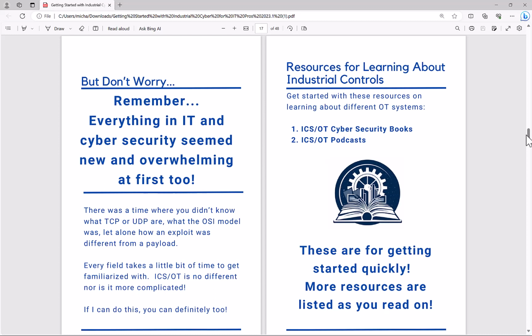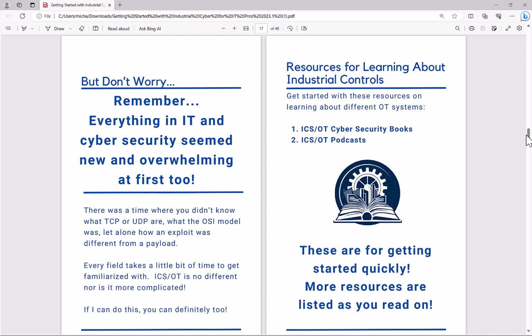Just remember, coming from an IT cybersecurity background, you have a huge foundation to come into these environments, but keep an open mind, especially if you don't know anything about that environment or how it's engineered or designed or how it runs. You need to gain that information and then combine it with your cybersecurity knowledge and understanding of how we do cybersecurity in OT. That's how we secure these environments.